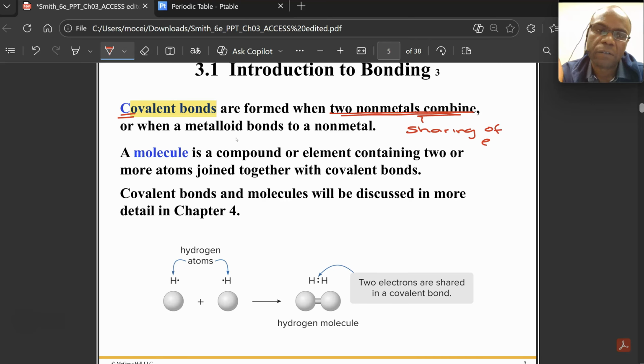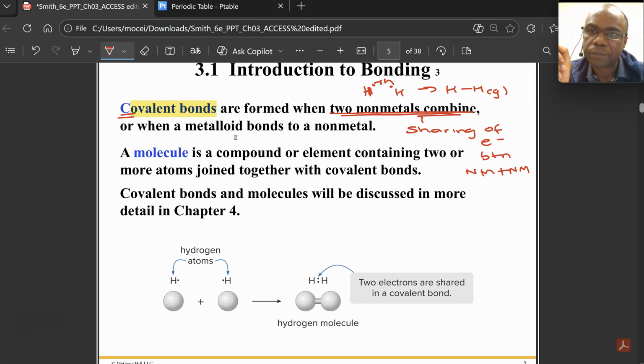When there's sharing of electrons between nonmetal and nonmetal, you're most likely having a covalent bond. I gave you the example of hydrogen and hydrogen. Those two are nonmetals. They give you hydrogen gas.